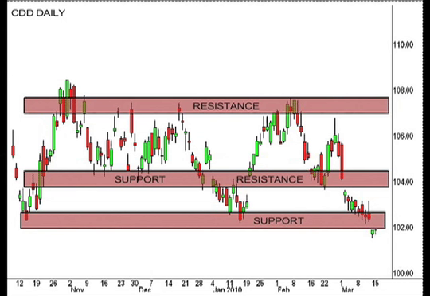And you can see that by just understanding the whole concept of support and resistance identification, we're able to look at some very important levels within this particular pair value chart. So you can see here that, first of all, this 102 level has been tested on a couple of occasions.